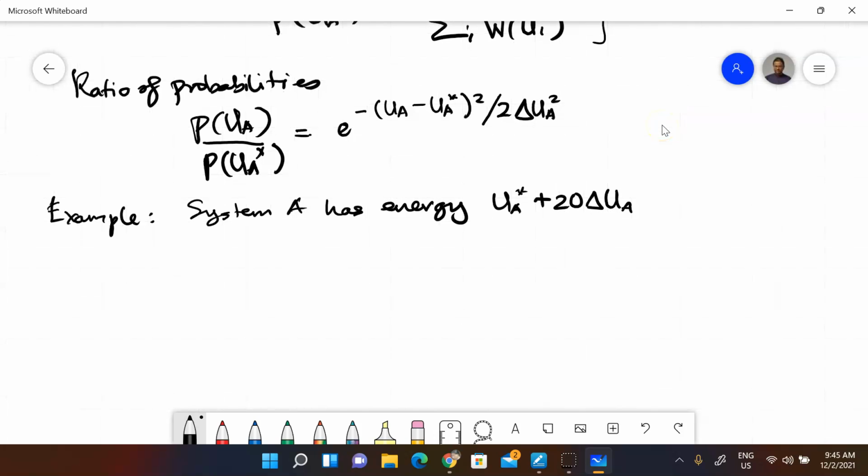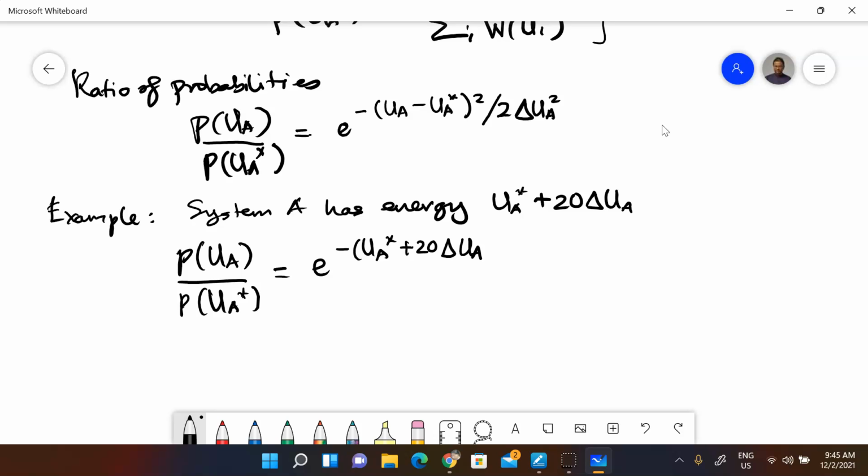The ratio with respect to the probability of the equilibrium state UA star is given in terms of this exponential, so e to the minus (UA star plus 20 delta UA minus UA star), the whole thing squared, divided by 2 delta UA squared.